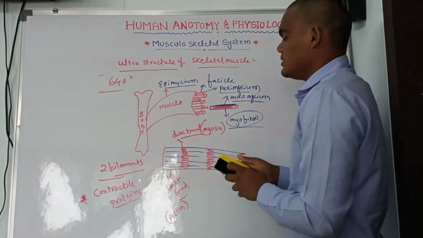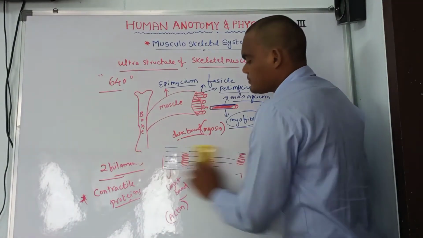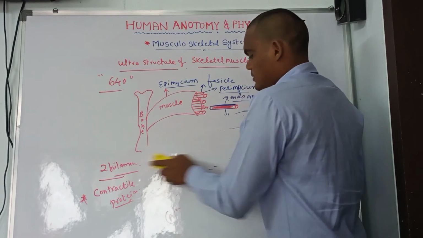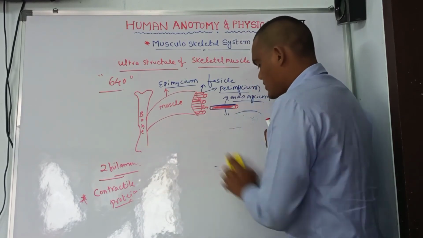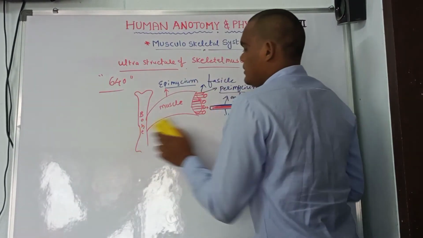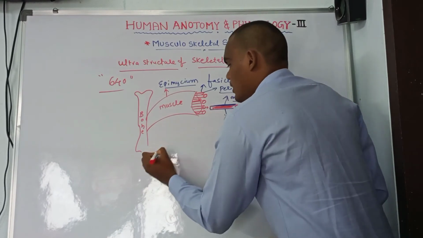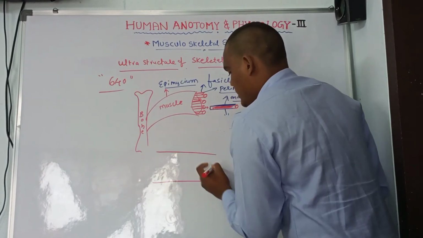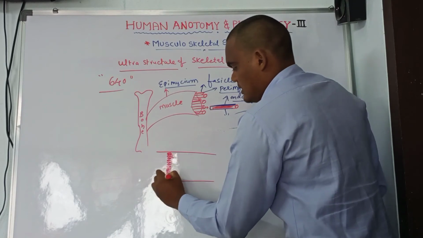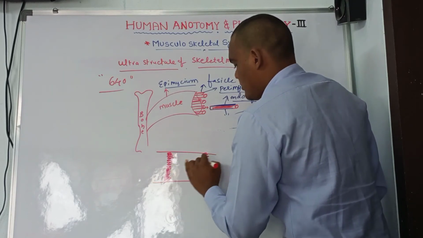So in this diagram we observe the dark band and light band, the myofibrous structure. Here we observe the dark band.